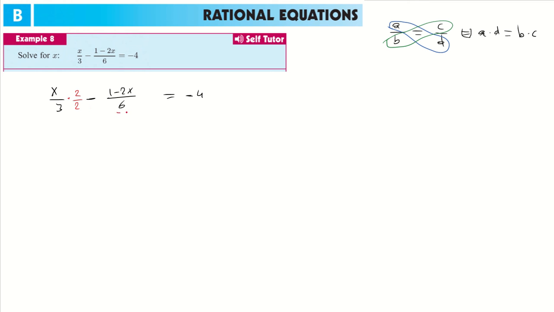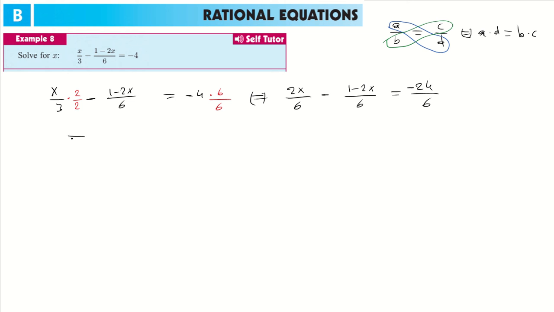Here I don't have to change anything. And then on the right hand side, I would like to get the denominator 6 as well. So I multiply that by 6 and divide that by 6. So this becomes 2x/6 - (1 - 2x)/6. And that should be equal to minus 4 times 6, which is minus 24 over 6.